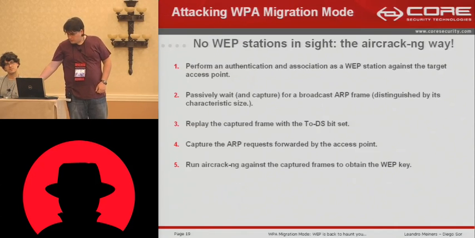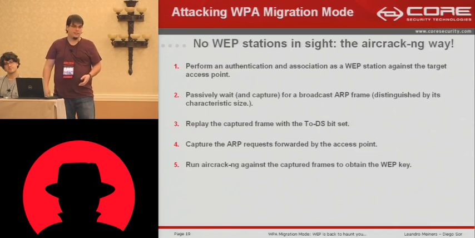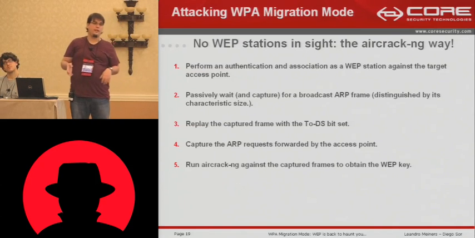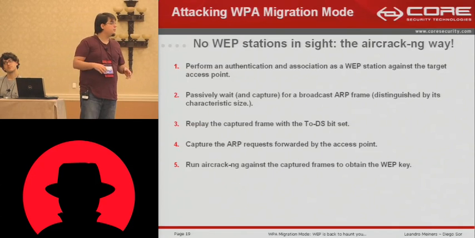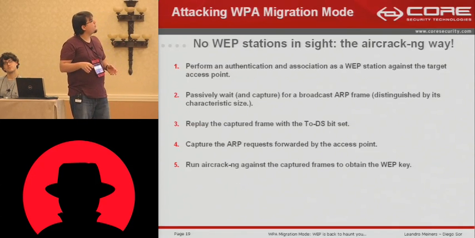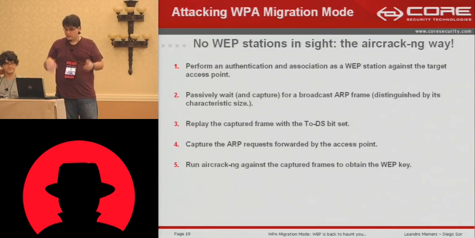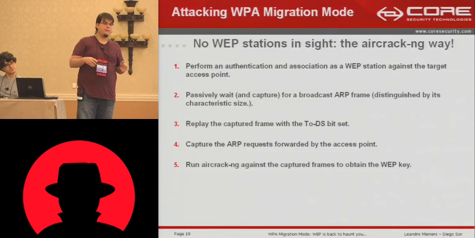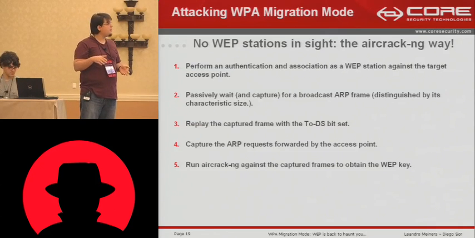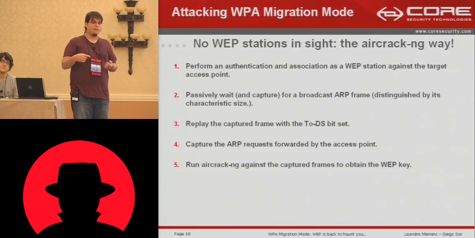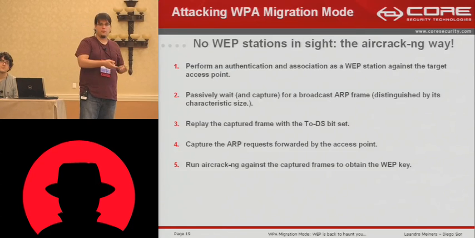Here, I'm going to talk a little bit about how a similar attack can be carried out without having to patch aircrack, but it has a few caveats that must be taken care of. The first few steps are the same, but instead of flipping the frame, we just re-inject the same frame. The problem is that we're only going to have one frame per frame that we sent, because it's what the AP forwards.